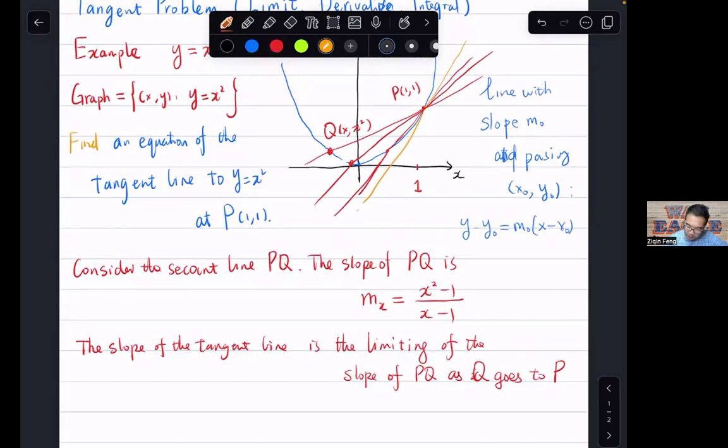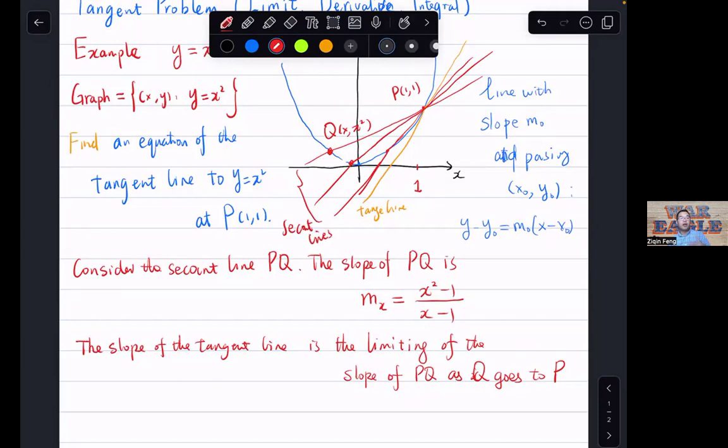So this is the tangent line. This collection here are the secant lines. So as x gets closer and closer to 1, the slope of the secant line gets closer and closer to the slope of the tangent line, right?